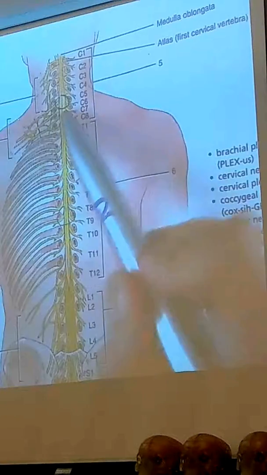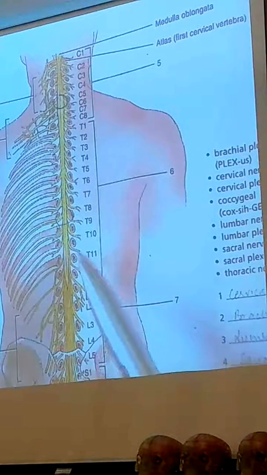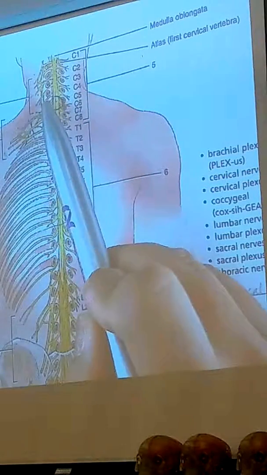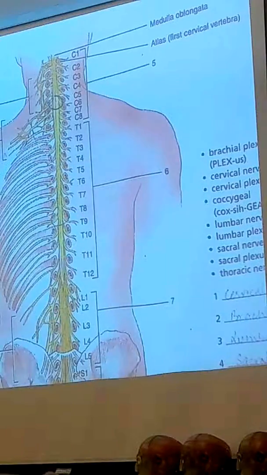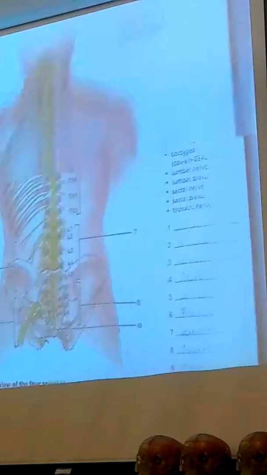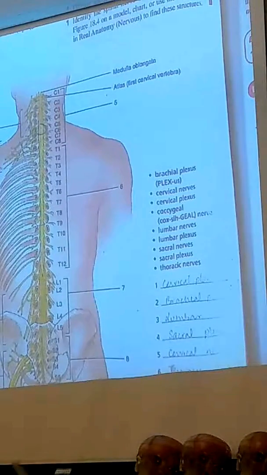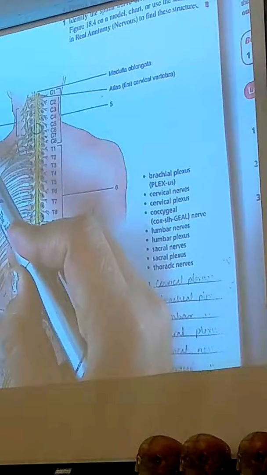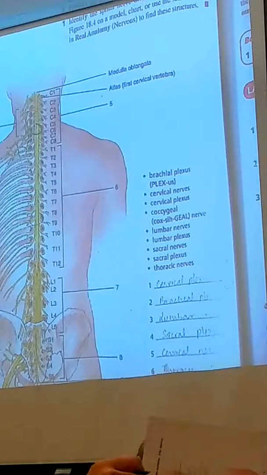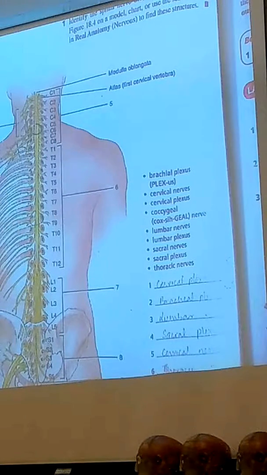So this enlargement is a cervical enlargement, lumbar enlargement. This is the cervical plexus, brachial plexus, lumbar plexus, the sacral plexus. What you need to know is, first of all, what are the plexus? Which spinal nerves form these plexus? Like C1 to C5 form the cervical plexus, C5 to T1 form the brachial plexus. And which major nerve comes out of that plexus?